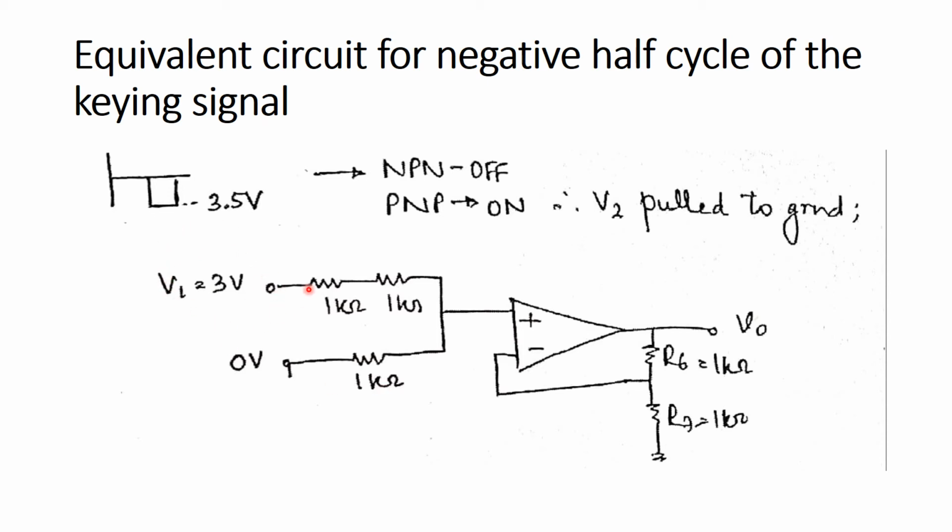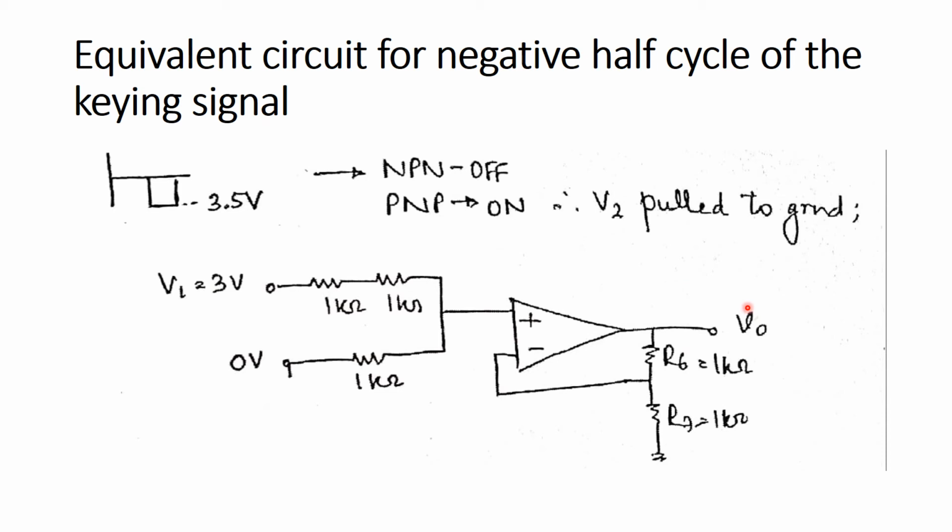For the second case, considering this voltage as 0 and considering the second voltage source, V2 into the output resistance, 2 kilo ohm, divided by 1k plus 2k. Again using the voltage divider rule and adding these two output voltages obtained by considering one source at a time and assuming the other as 0 each time, we get the potential at the non-inverting terminal.